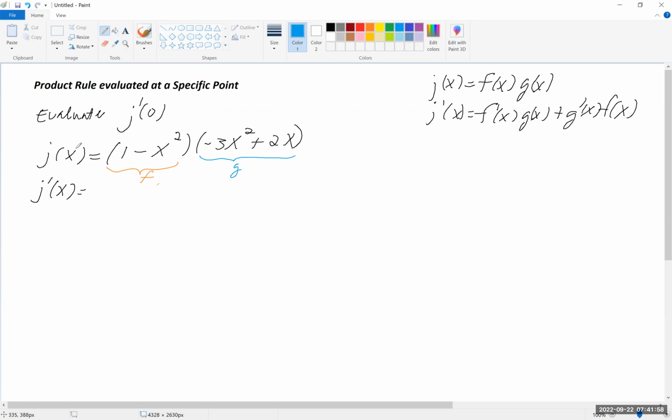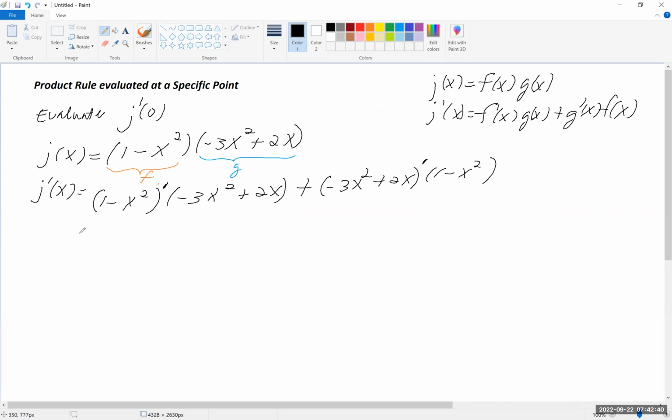So in other words, we need to take f prime. So I'll put it in parentheses and put a prime there, and then leave this one alone. And then I need to take g prime. So this function, I take the derivative of it and leave f alone, which is 1 minus x squared.